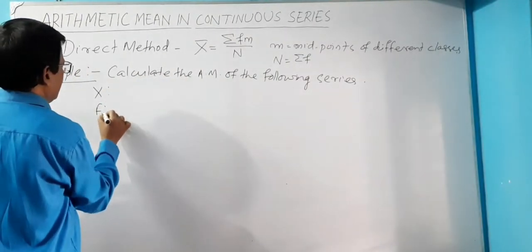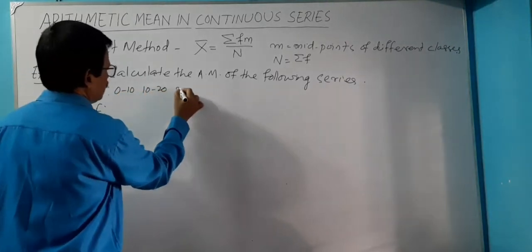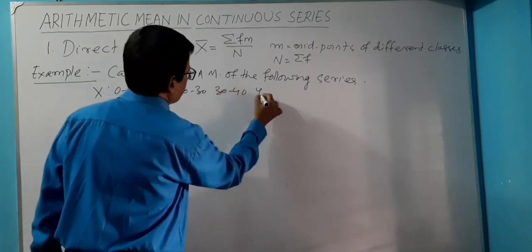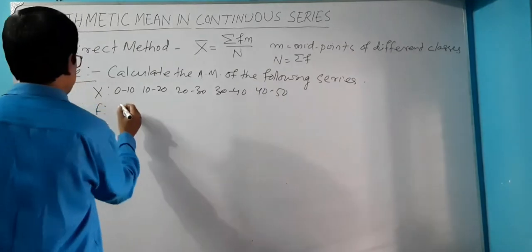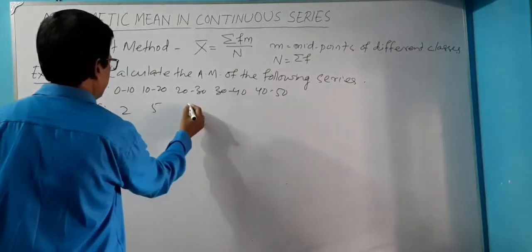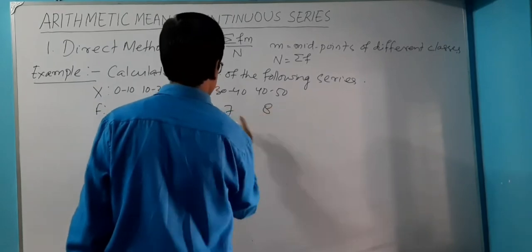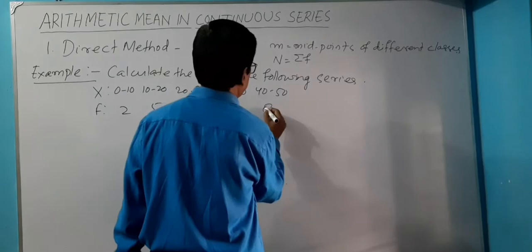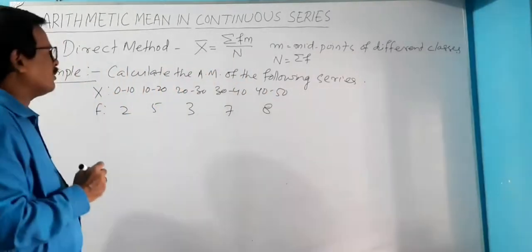X: 0 to 10, 10 to 20, 20 to 30, 30 to 40, and 40 to 50. Then f values are 2, 5, 3, 7, 8. This is the example given. So how to calculate arithmetic mean?